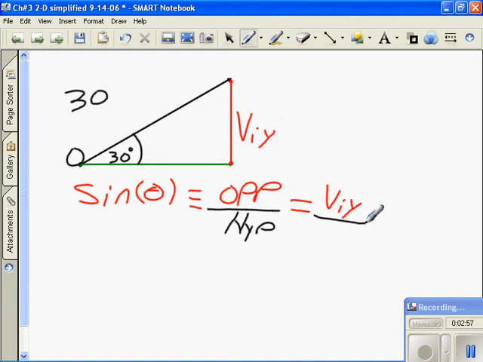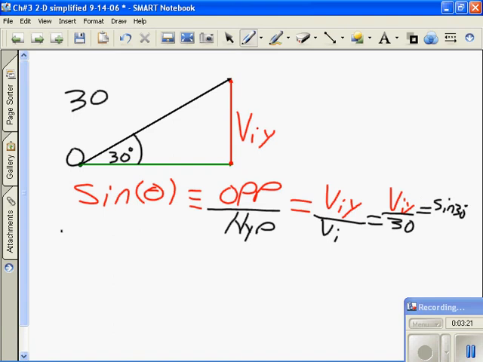And I am told that my initial velocity vi is equal to 30. So let's go vi sub y over 30 is equal to the sine of 30 degrees, because that's what my initial is.